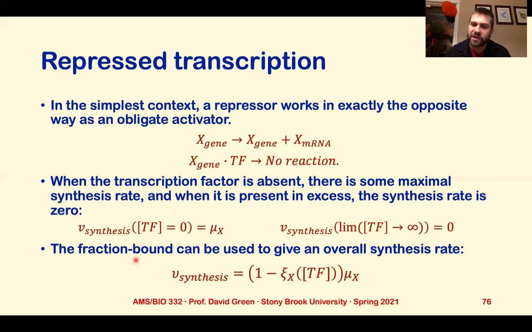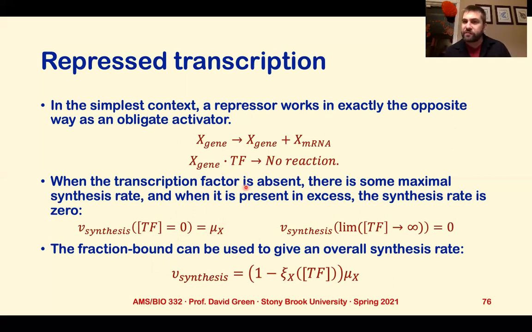And so what we really want to do to write the rate is we would like to write the rate as this overall maximal rate of mu x multiplied by the fraction that isn't bound. The fraction that isn't bound is the fraction where transcription can happen.